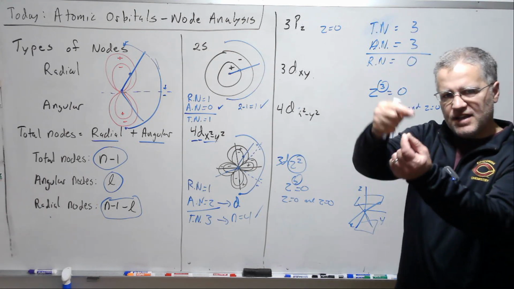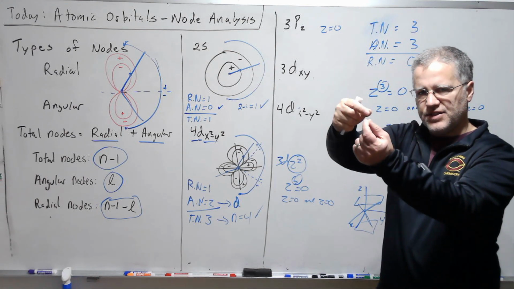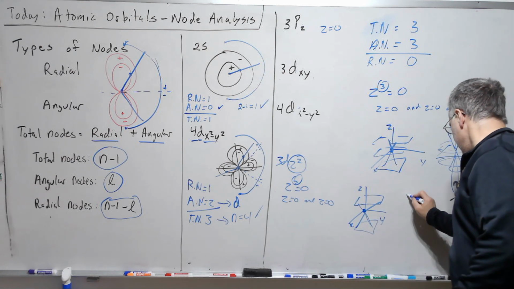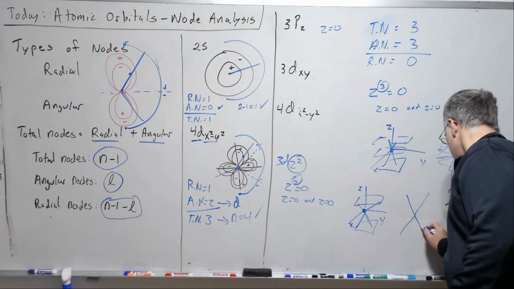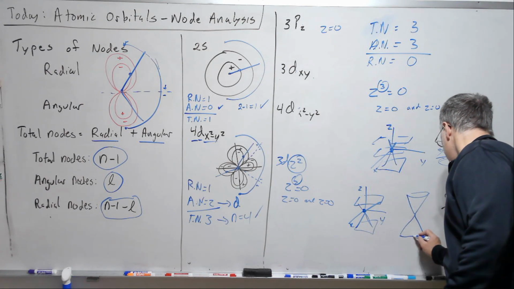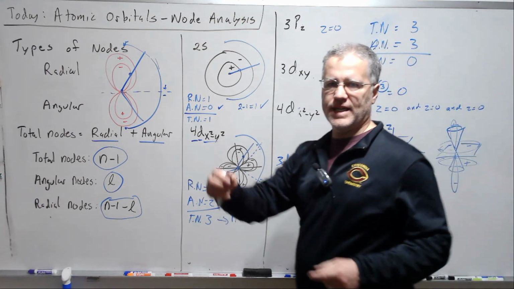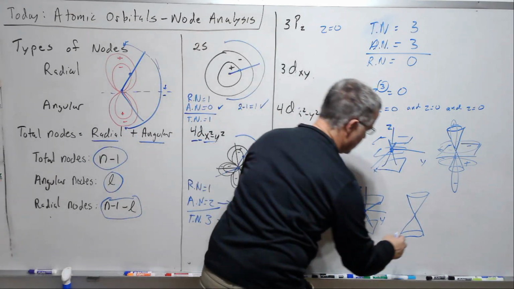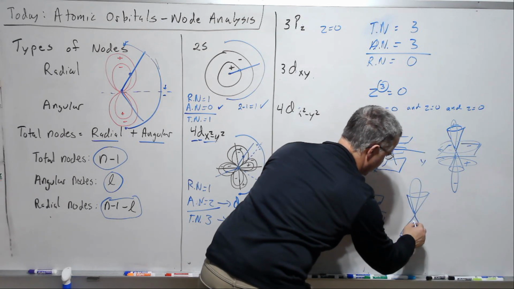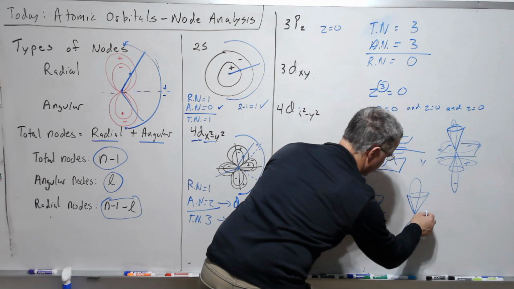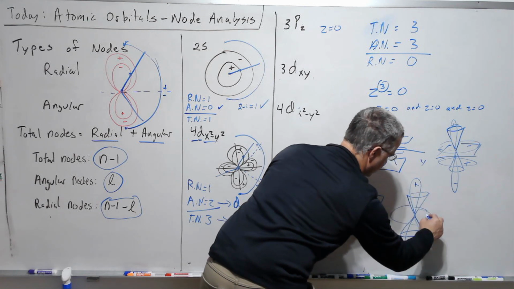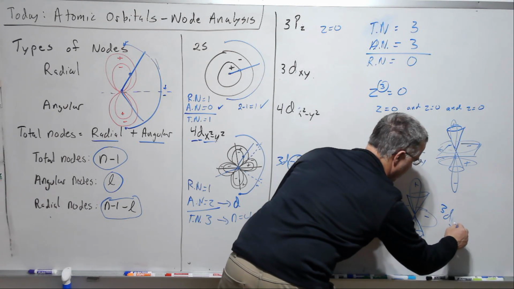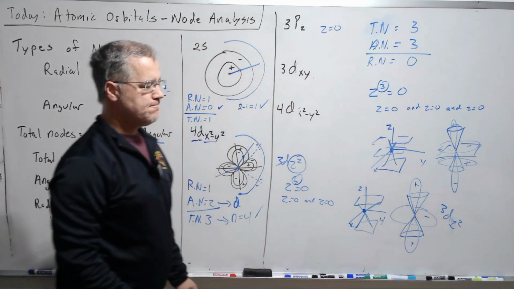So imagine pinching that, like imagine it's rubber and you pinch those planes and pull it to this degenerate point z equals 0. And we end up with two conal planes with the points touching. So one's inverted, one's upright, touching. The lobes will draw themselves. So lobe here, and then the hula hoop structure here. So plus, minus, plus, 3d z squared. Okay.